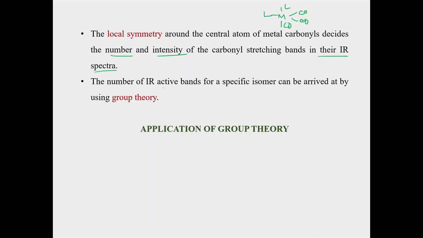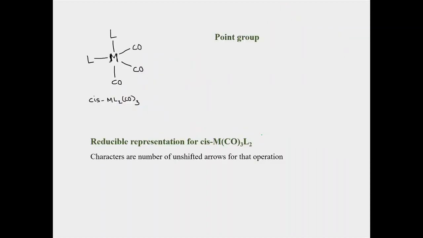The number of IR active bands for a specific isomer can be arrived at by using group theory. So finding out the number of IR active CO bands is one of the applications of group theory. So now, you people are aware of group theory, right?